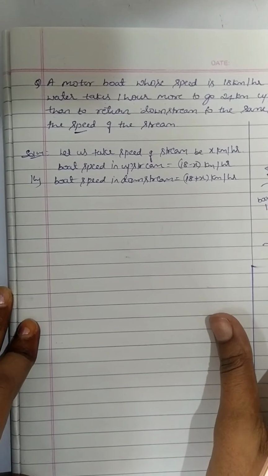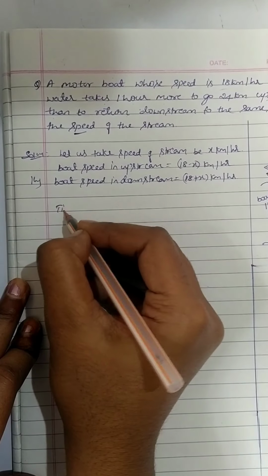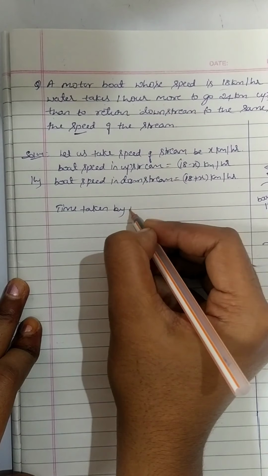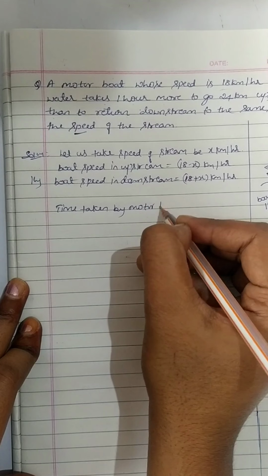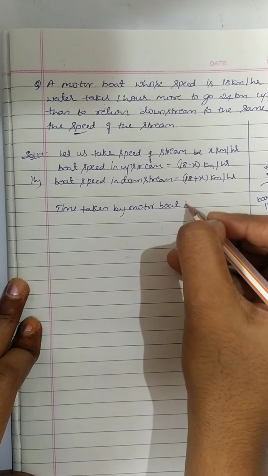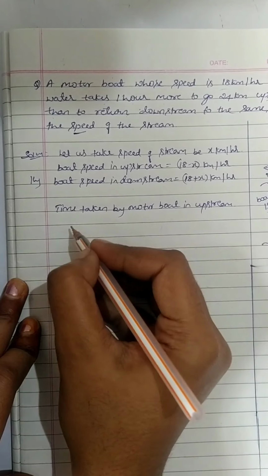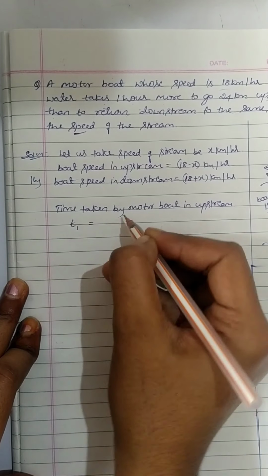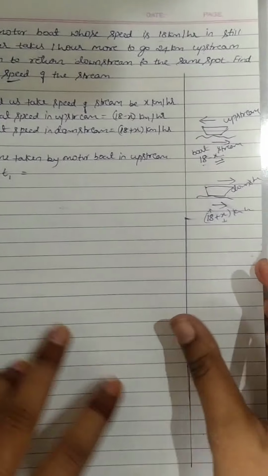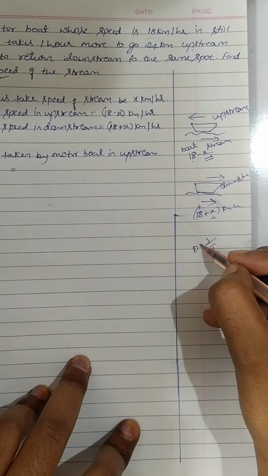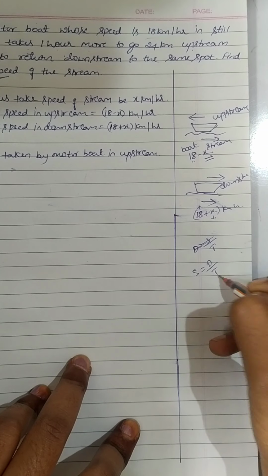So now let me calculate the time taken by the motor boat in upstream. T1 is equal to, so all of you know that speed is equal to distance by time taken.